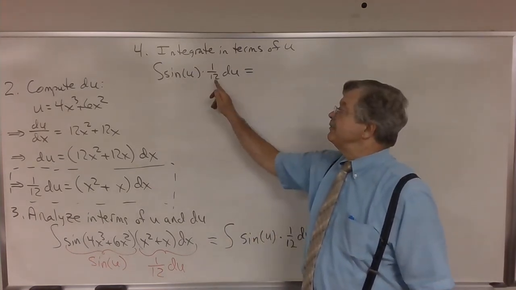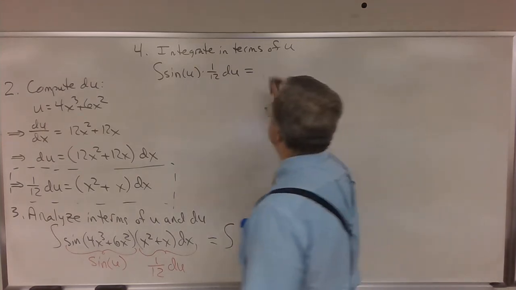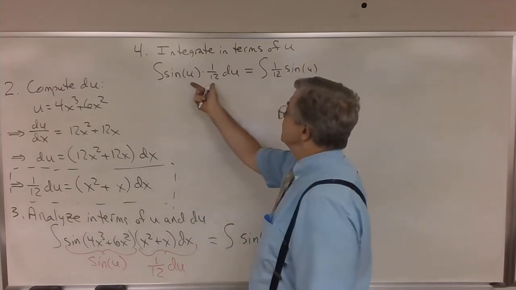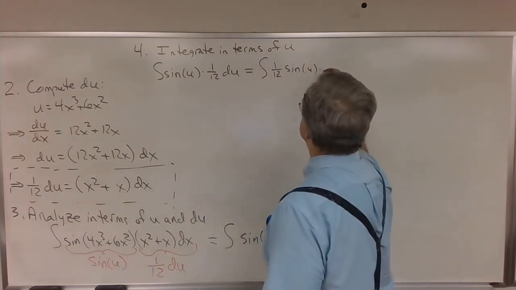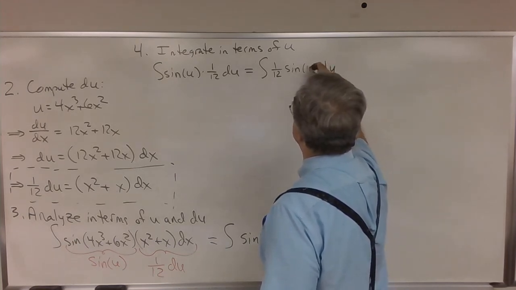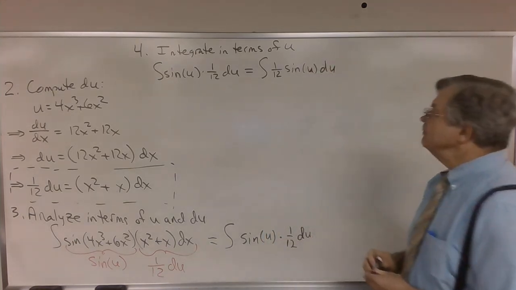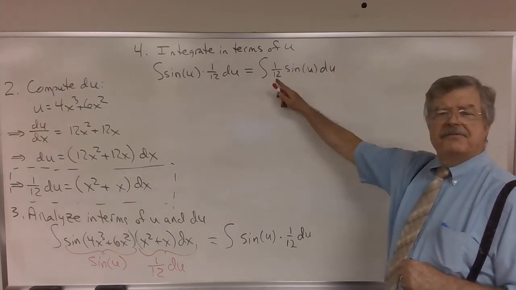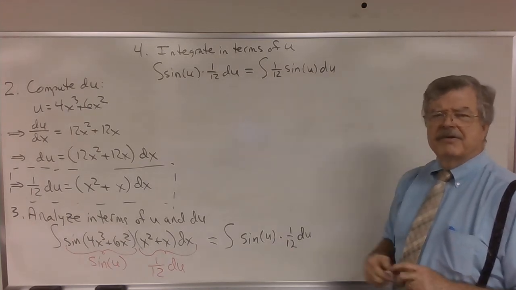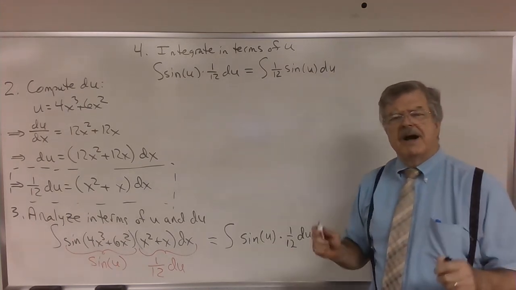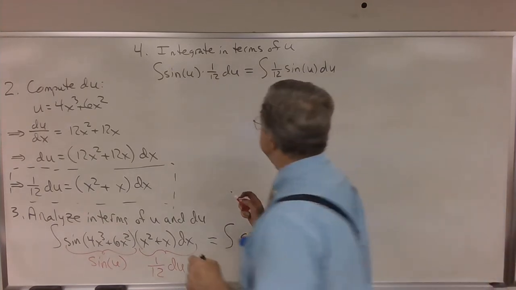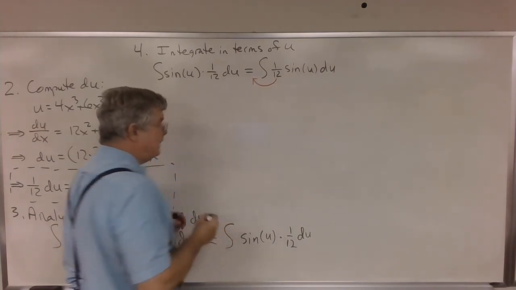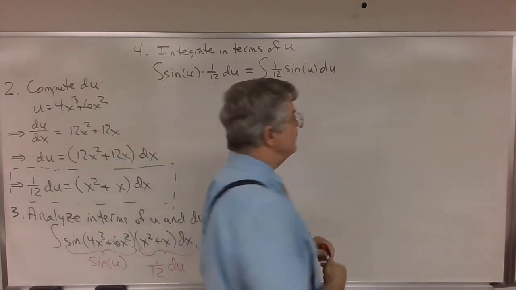So sine of u times 1/12, that's the same thing as 1/12 times sine of u, right? We can just switch the order of those two factors. Got the same thing here. But now I'm noticing this factor of 1/12 in the integrand. And I remember there's a property of antiderivatives that tells me I can take a constant factor of the integrand and move it out in front of the integral sign. So that's what I'm going to do.